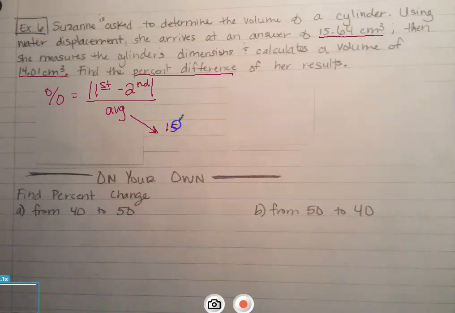So we're going to add 15.64 plus 14.01 and divide by 2, which gives us 14.825. We want to keep all of that to start with because it terminates at 825.